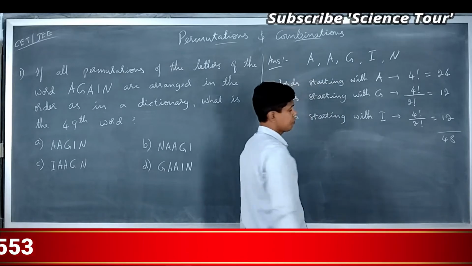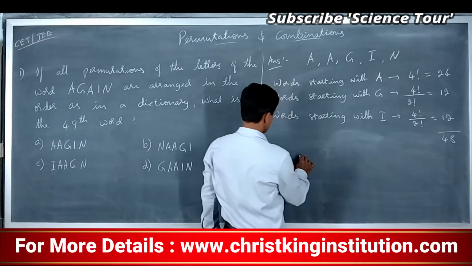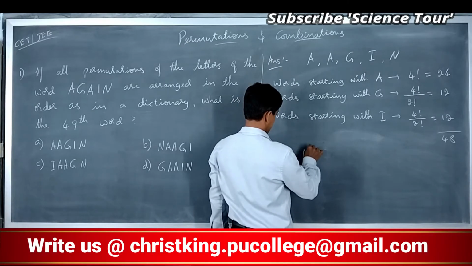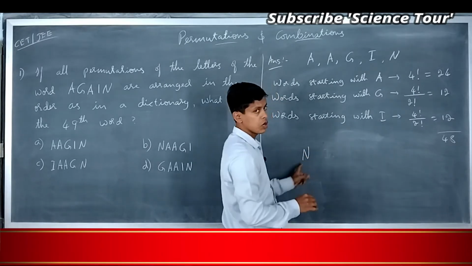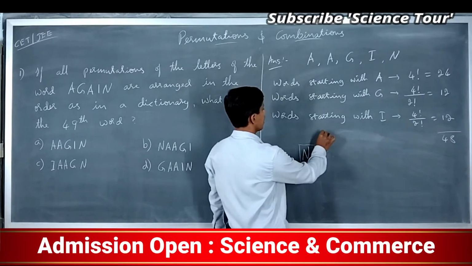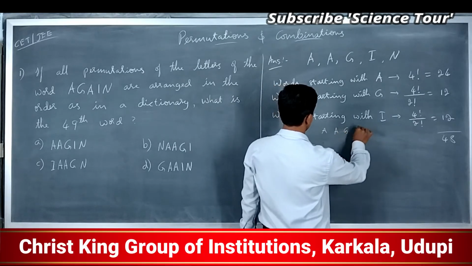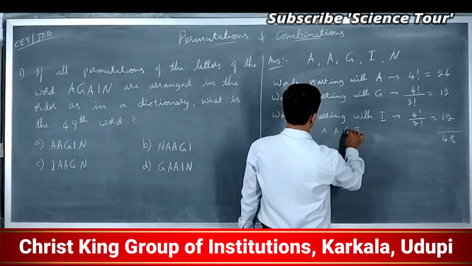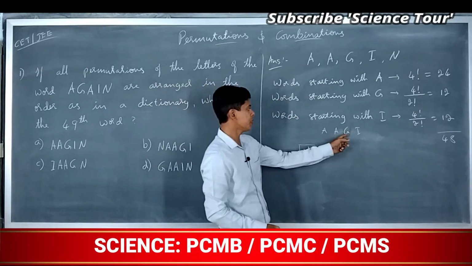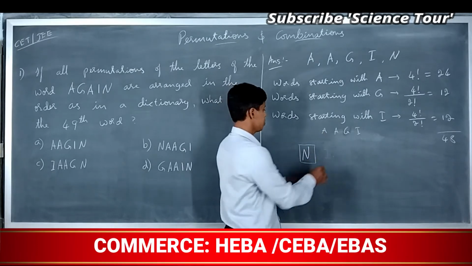See, after I comes N, right? So the next word will begin with N. N is fixed in the first place. Now how many letters have to be arranged? A, A, G and I, so these 4 letters have to be arranged. Now do you pick G here? No, before G comes A, so you have to put A here.